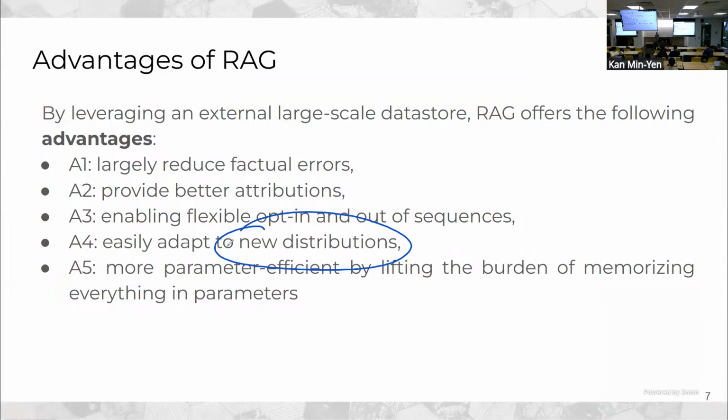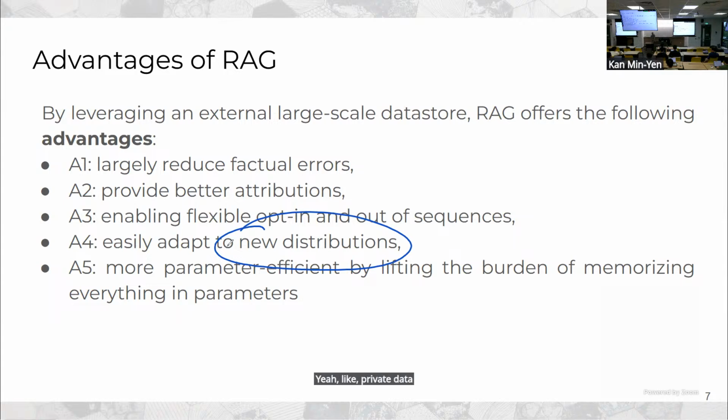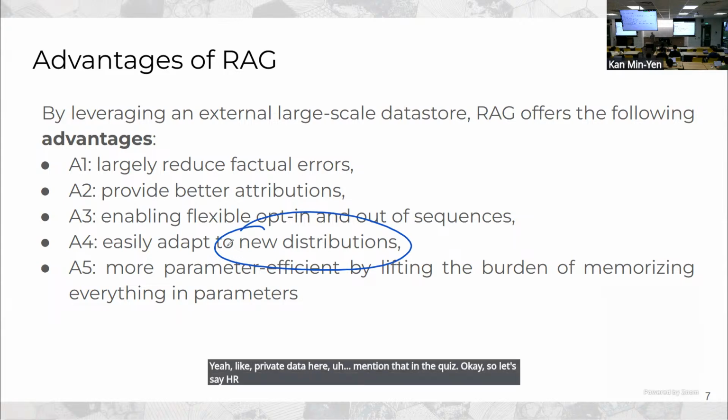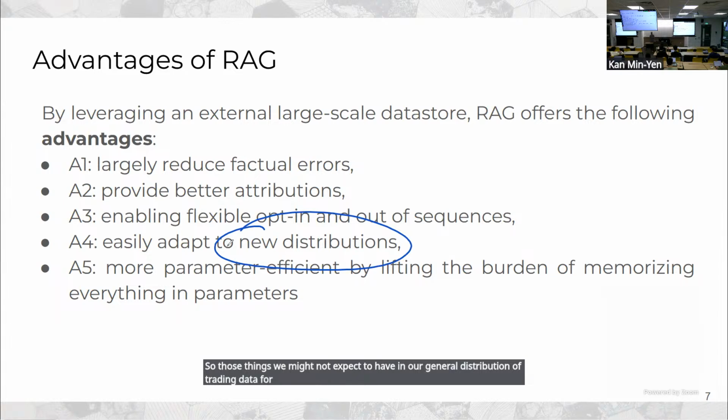Yeah, your name again? For example, you can retrieve some knowledge that does not exist in the LLM. Okay. So there's a new distribution of knowledge. Can you give a concrete example in case somebody can't figure out what is a new distribution? Yeah, like private data you mentioned in the quiz. Okay, so let's say HR records, bonuses, salaries, addresses, employee things. Those things we might not expect to have in our general distribution of training data for a foundation model or an LLM, right?